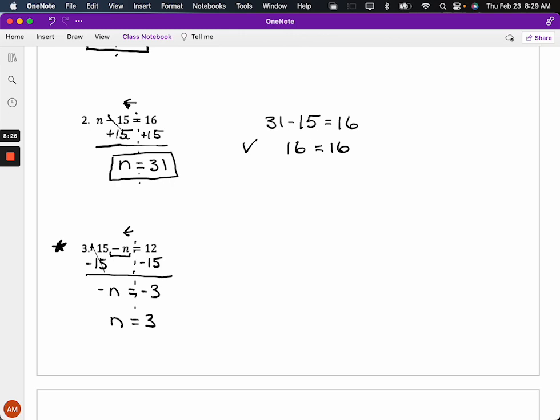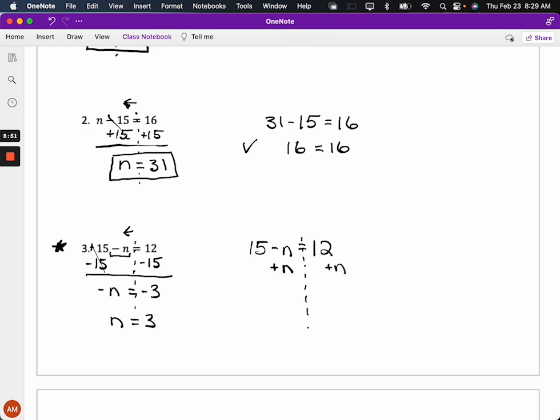Okay, but I did tell you there was one other way to solve this. So if I look at the original equation again, 15 minus n equals 12, one thing I could do is see that I have a negative n here, and I can just move this to the other side by adding n to both sides of my equation.